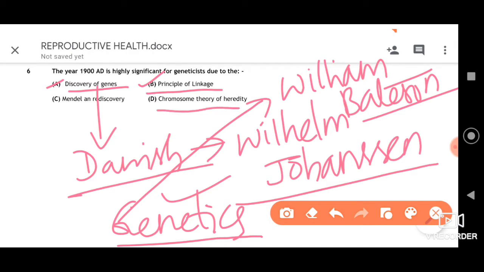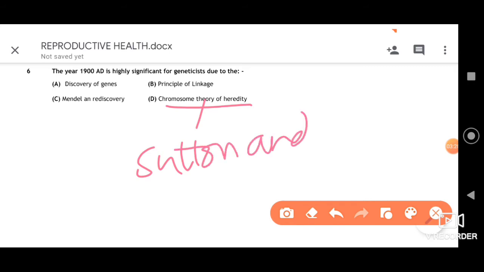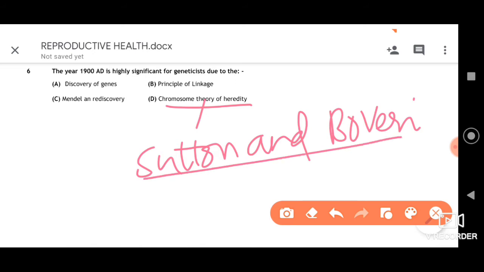Then we also have the chromosomal theory of inheritance, by two scientists, Sutton and Boveri. They worked on the chromosomal theory of inheritance, wherein they compared Mendel's conclusions with genes and their behavior, especially during mitosis and meiosis, friends. But these three are not that significant when compared to the year 1900 AD, which is also important.